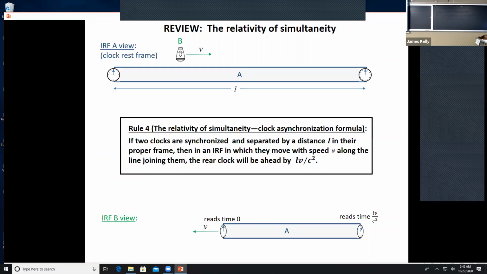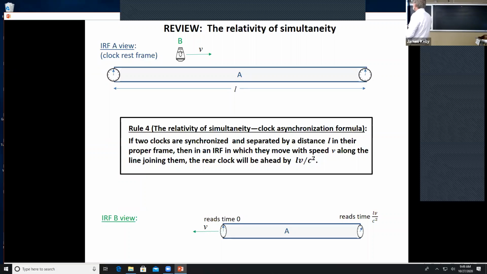So we worked really hard to get what Merman calls Rule 4, the relativity of simultaneity. I call this the clock asynchronization formula because it tells you, if two clocks are synchronized in their own rest frame, which of course is the normal way we use clocks, right? If you have a clock in the next room over, you're hoping it's synchronized with the one in here.